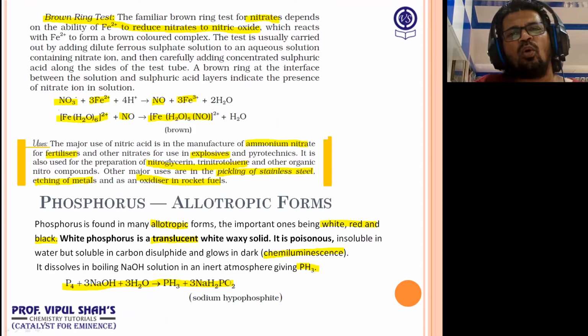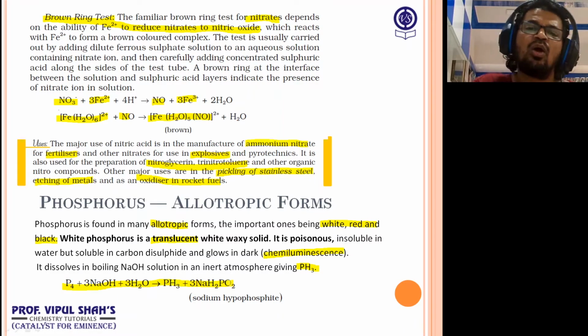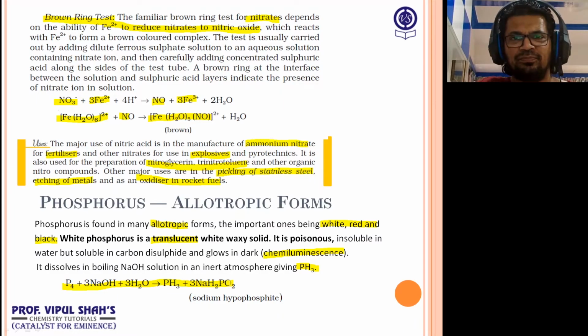And the word ortho is for the most common acid. For example, boric acid, we also call it orthoboric acid because it is the most common form. Same way, phosphoric acid, H3PO4, we also call orthophosphoric acid. So ortho means the most common one.